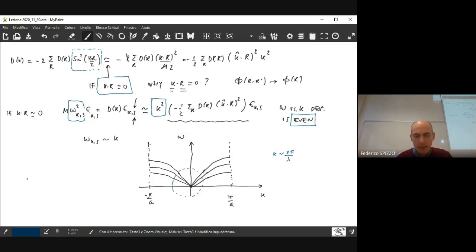Okay, no problem, but that is, let's say, the correct idea. So if we suppose to have the ions in the system, and I just make a chain here, a line, just to make a simple picture. If K is small, then the wavelength of the oscillation is very, very large.